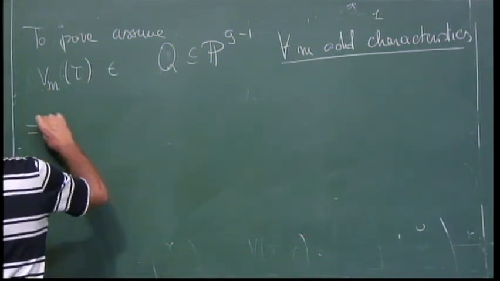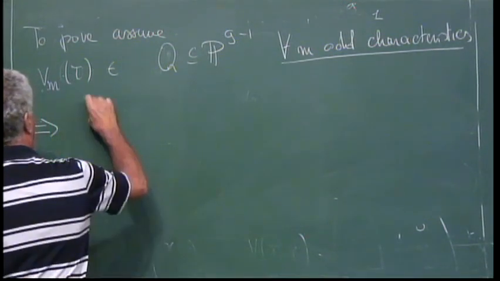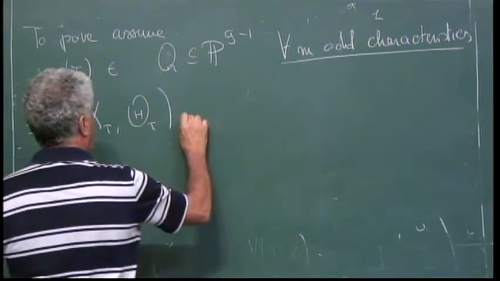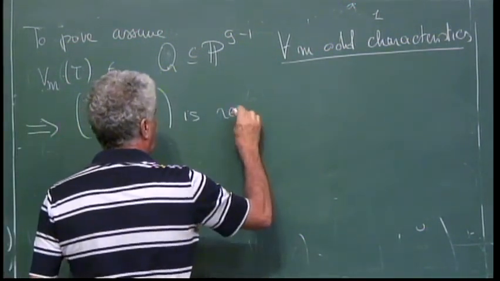Then I would like to prove that x tau, theta tau, is reducible, is decomposable.